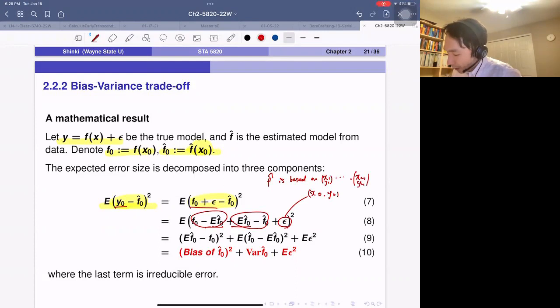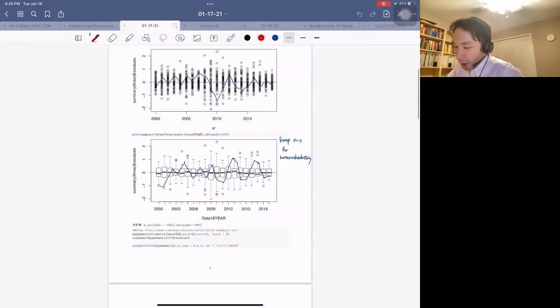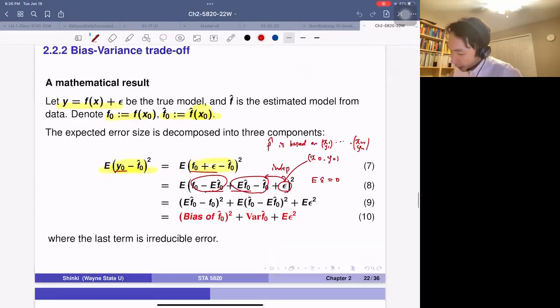So these are different observations, and our assumption is that observations are independent. Also note that the expectation of epsilon is 0. So if we think about the expectation of the product, this one times this one, then the expectation decomposes because they're independent.